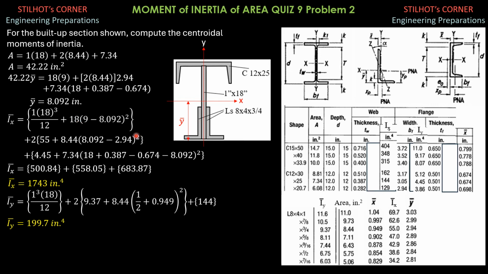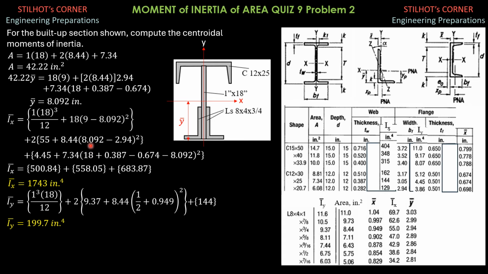For the angles, we have 2 times the quantity. The axis through the centroid of the angle is I bar x, or Ix, for the angle 8 by 4 by 3/4, which is 55. So we have 55, plus the area, which is 8.44, times the distance between this centroidal axis and the centroidal x-axis, which is bar y minus bar y of the angle.